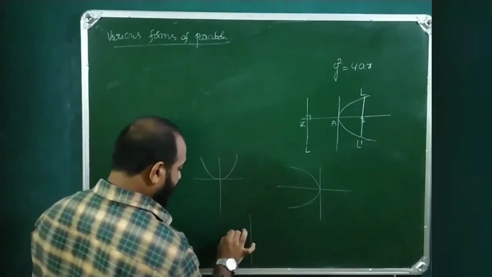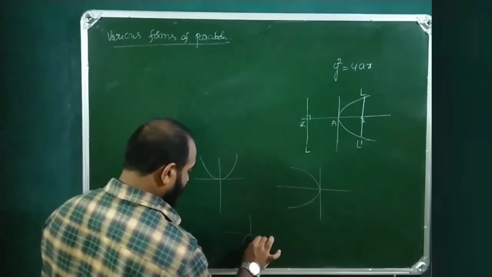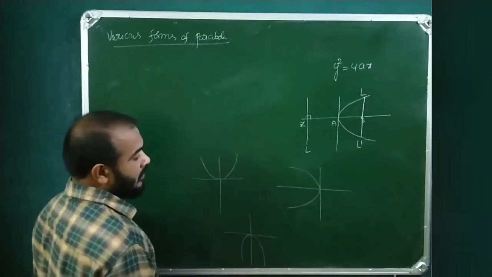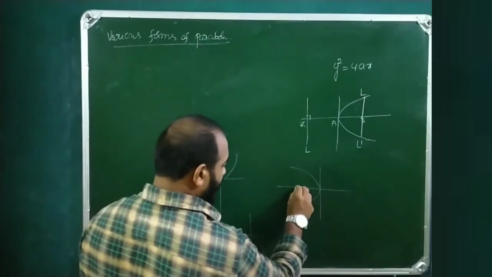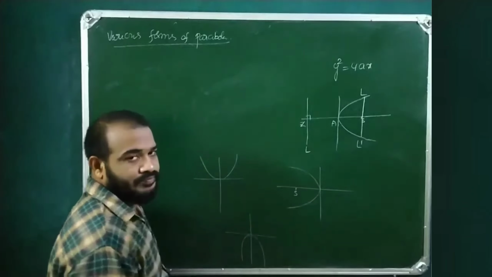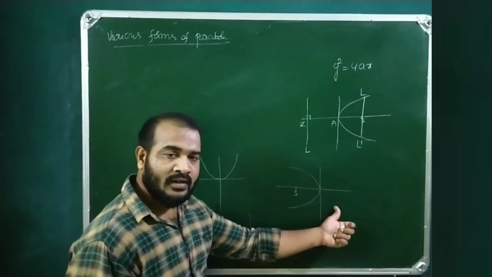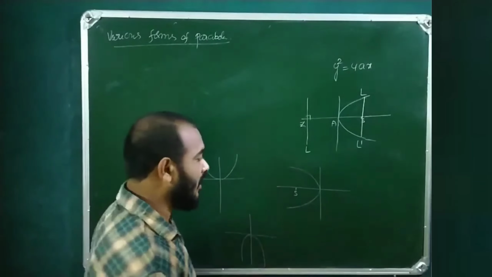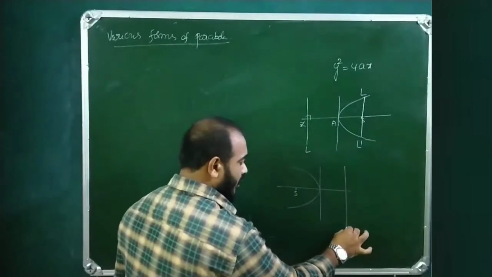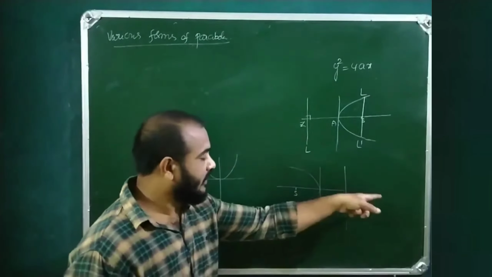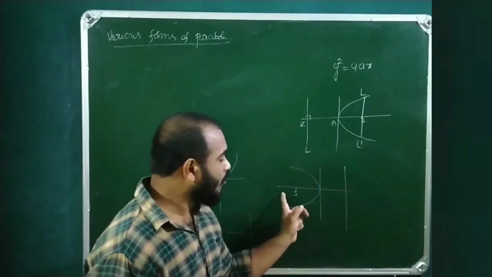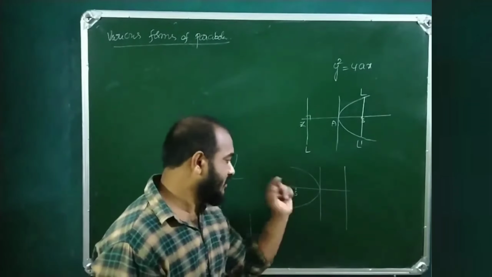If the parabola is in this form, the focus is lying in the negative x-axis and the directrix is lying on the positive x-axis, opposite side of this focus.